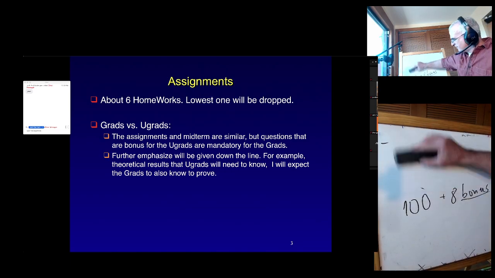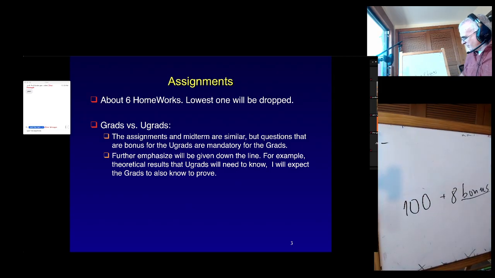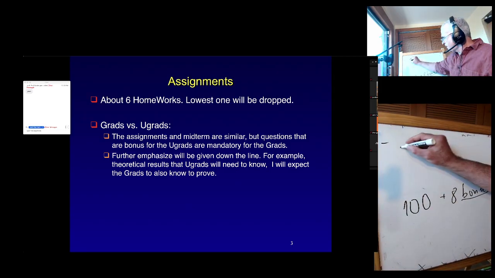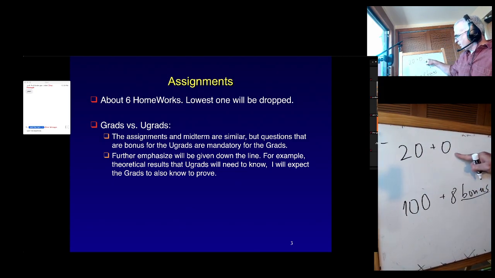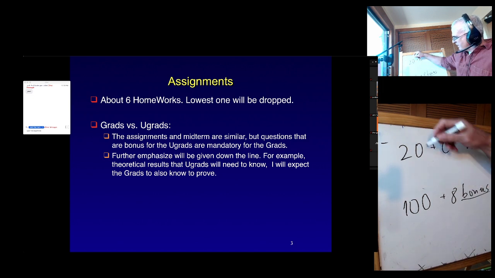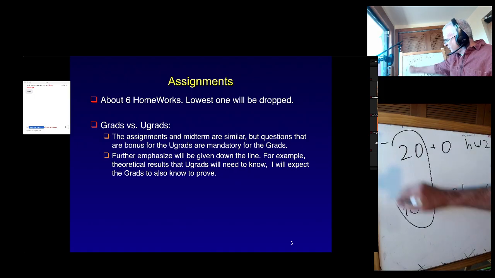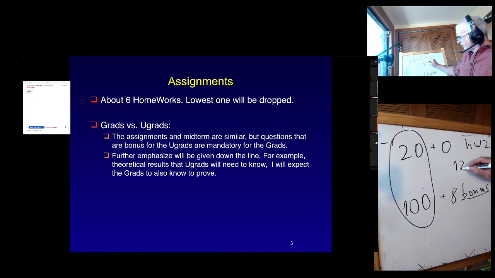Which means that if in your next homework you are getting 120 plus 0 bonus points in homework 2, then your overall average in these two homeworks is 120 divided by 2. It's not 128 points divided by 2. That's for the average, but of course.